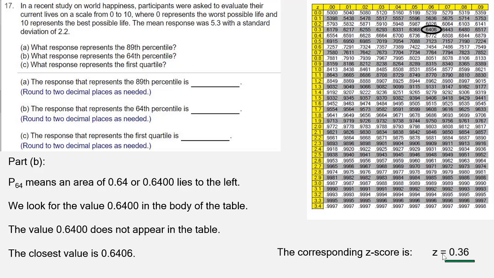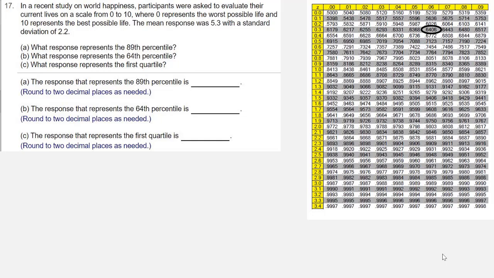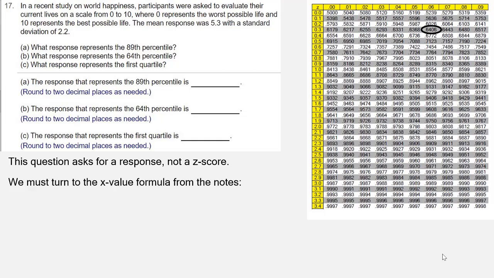But we're not looking for a z-score here, we're looking for a response. So that means we're going to have to use the x-value formula. The x-value formula, x equals mu plus z times sigma. We have all the values in this problem. The mu is 5.3, the sigma is 2.2, and we just found a z-score of 0.36.